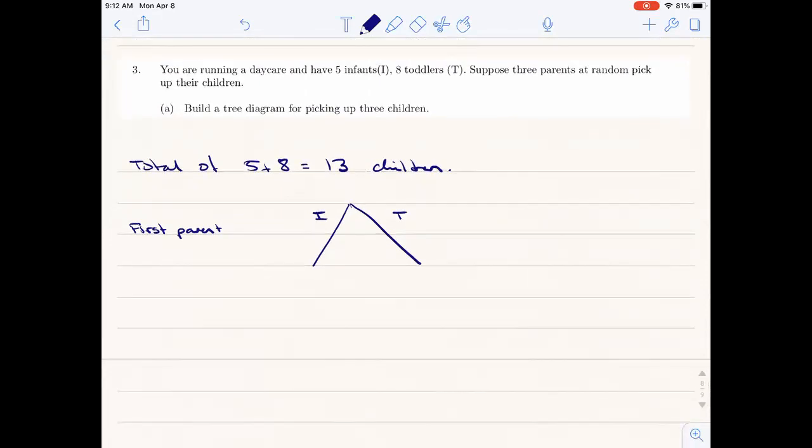This parent has 13 kids to choose from. Well, not really choose, but picking up one of 13 kids. There's 5 infants, so the probability of picking an infant is 5 out of 13, and 8 toddlers, so the probability of a toddler is 8 out of 13.